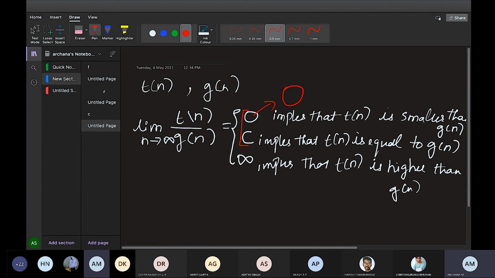If the answer is either a constant or infinity, it belongs to omega. This is extra knowledge I am telling you. And when it is just a constant, it is equal, so it is theta.